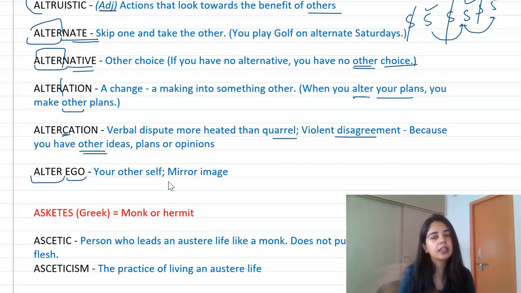Matlab, she is just another me, other self of me. She is my mirror image. So alter ego means any person or anything which you consider an extension of yourself, a mirror image of yourself, your other self.